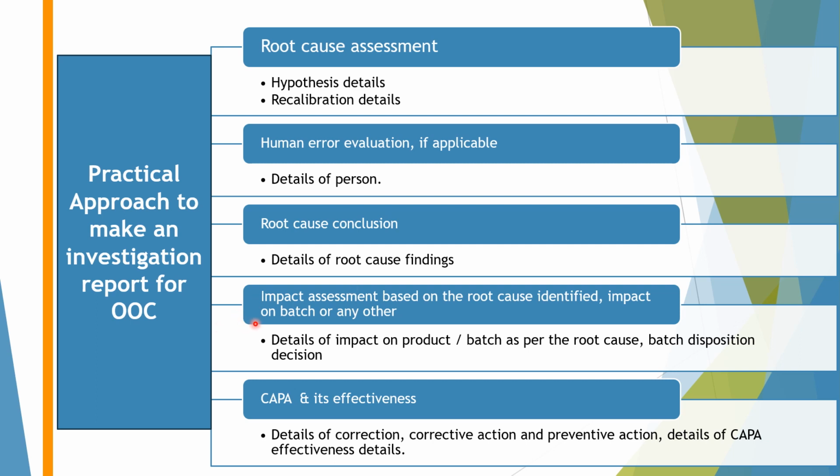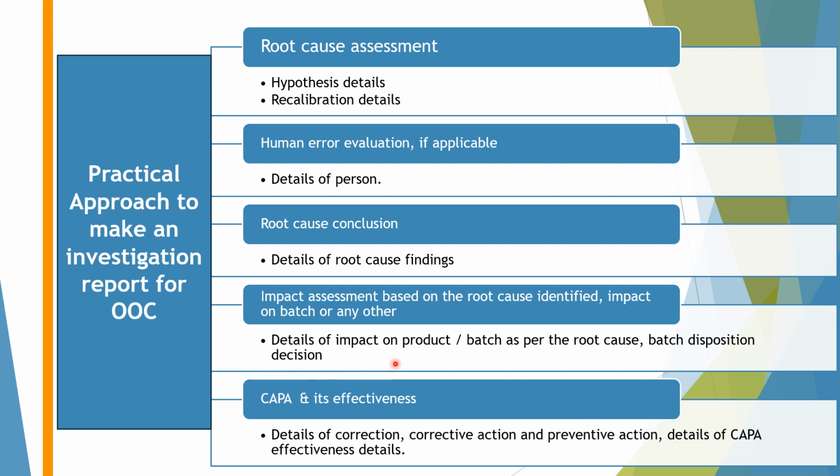So now next is impact assessment based on the root cause identified, impact on batch or any other. So here you need to elaborate the details of the impact with respect to the product or batches, right? Since this is the out of calibration result observed in HPLC for the test wavelength accuracy, if you have identified analyst error, then there will not be any impact on the instrument performance.